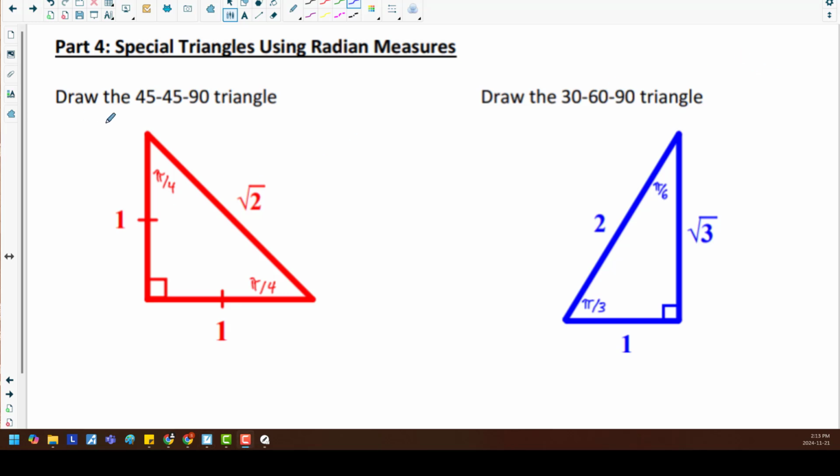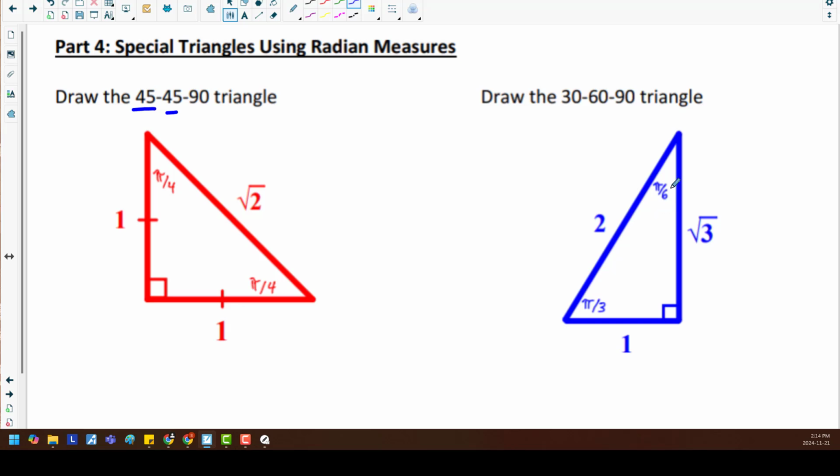So when it comes to grade 12, just remember, we have the same special triangles, except now, instead of using degrees, we are using radians. So we have a 1, 1, root 2 with pi over 4, pi over 4, replacing the 45 degrees. And then 1, 2, root 3, with pi over 3 and pi over 6. Now, which one is 60 degrees and which one is 30 degrees?